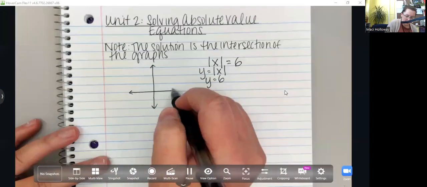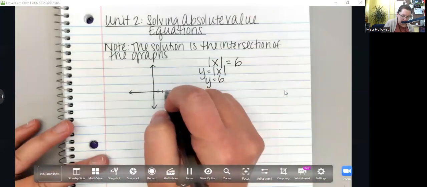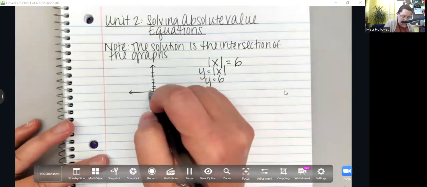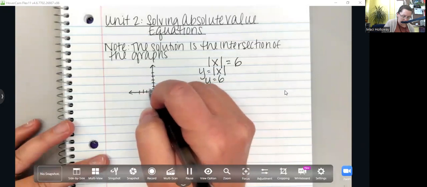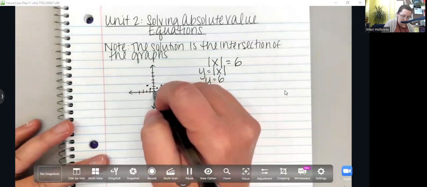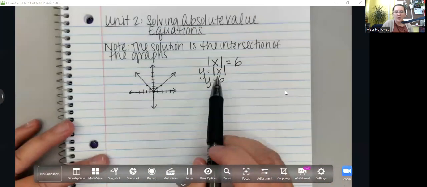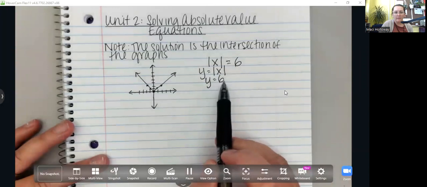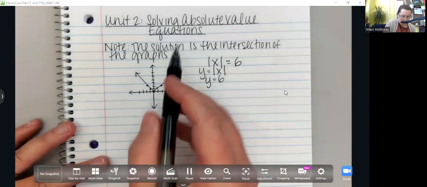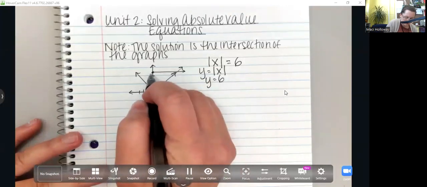So if I graph this, y equals the absolute value of x starts at 0, 0, then 2, 2, and it looks a little bit like this. Now I'm going to graph y equals 6, and it looks like this. Oops, I didn't draw my line long enough.